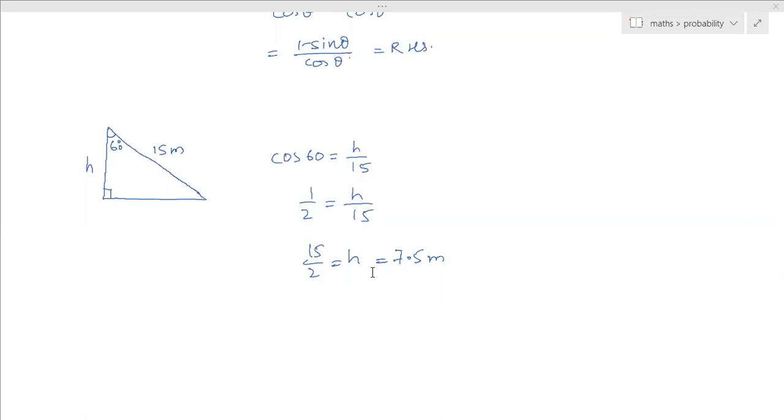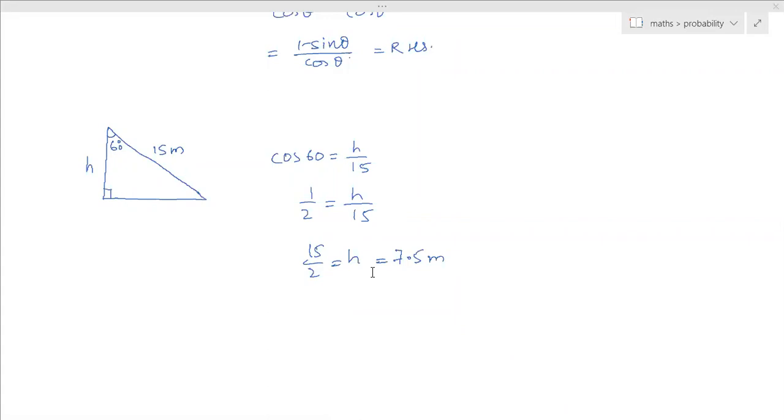Tomorrow you will be having a subjective test of trigonometric identities, exercise 8.4 of NCERT, in the class time. Ma'am, which exercise? 8.4 exercise.